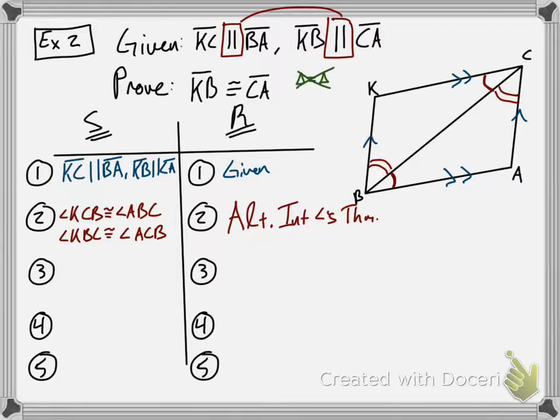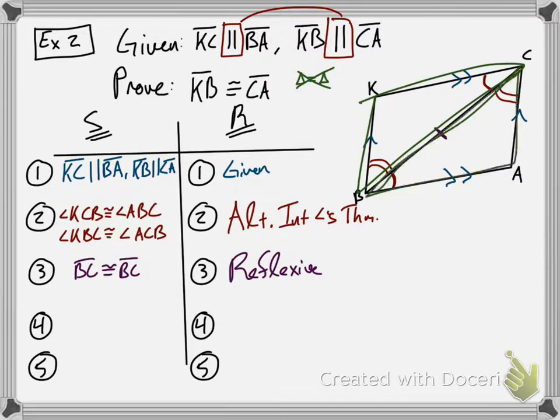All right, moving into our third phase, we look at our picture here and we see that we do have these stacked triangles where they share a side. And so that would be reflexive. We would write BC is congruent to itself BC due to reflexive. Now, before we get to our proof, we must say that these triangles are congruent.